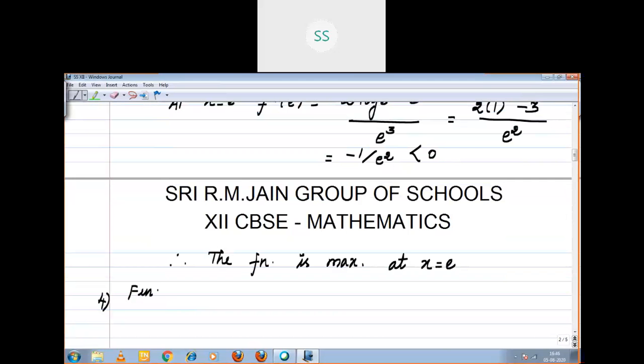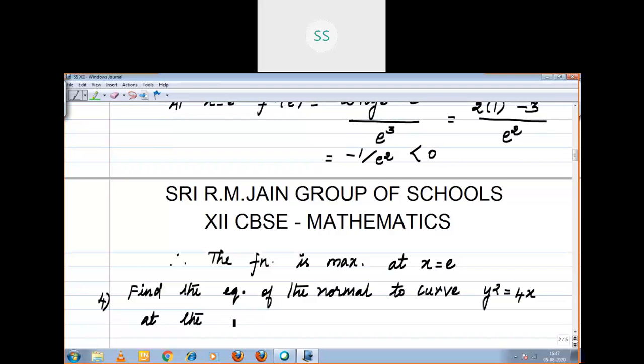Find the equation of the normal to the curve y square equal to 4x at the point 1 comma 2. At the point 1 comma 2.